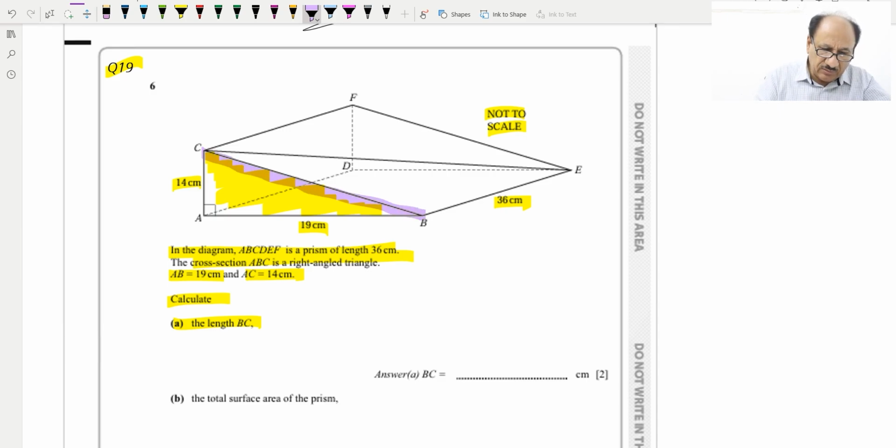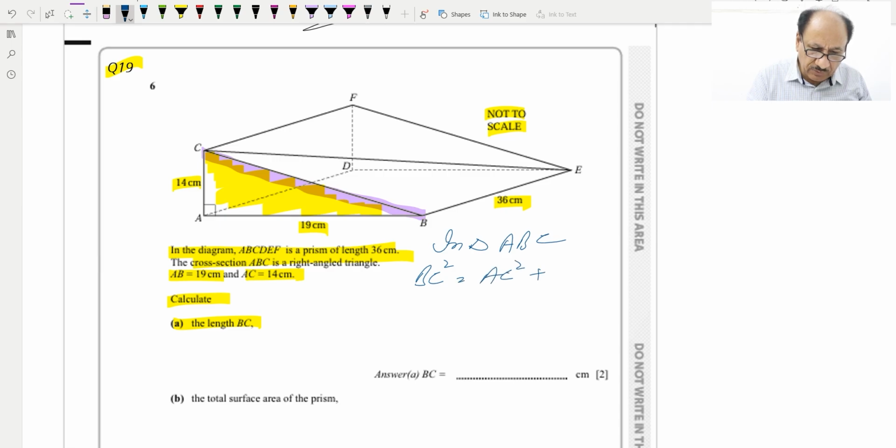So we can apply Pythagoras theorem. By Pythagoras theorem, in triangle ABC, BC square is equal to AC square plus AB square.